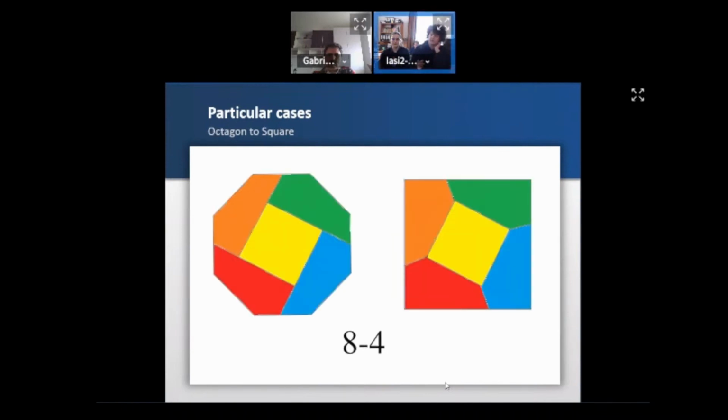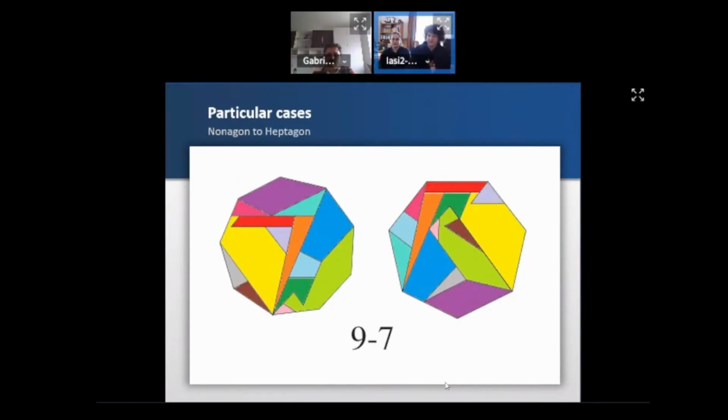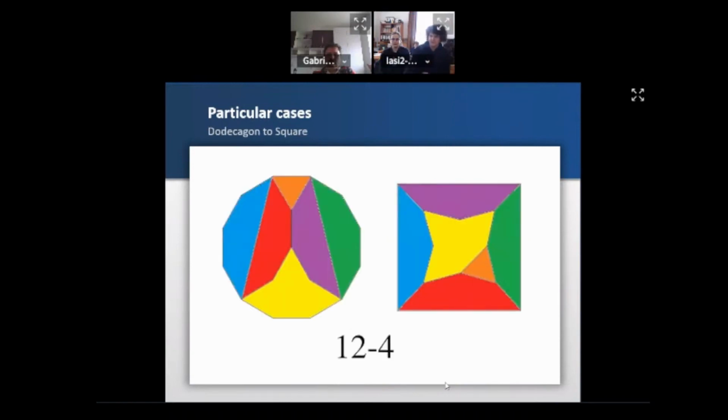This one is particularly interesting because of the rotational symmetry that it has, which isn't that often in this situation. You can see this one is very complicated. This one also has a nice symmetry down the vertical line.